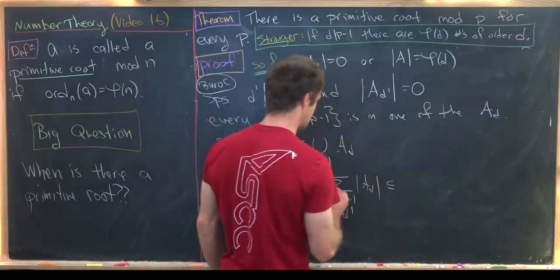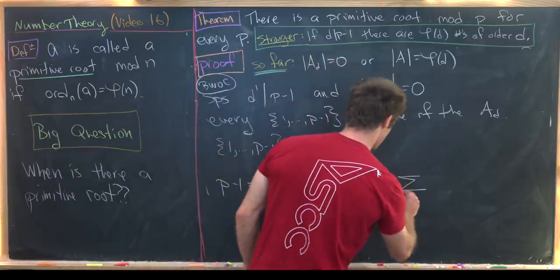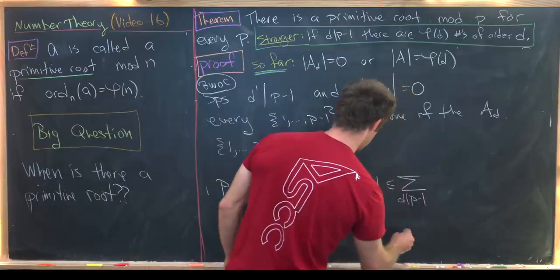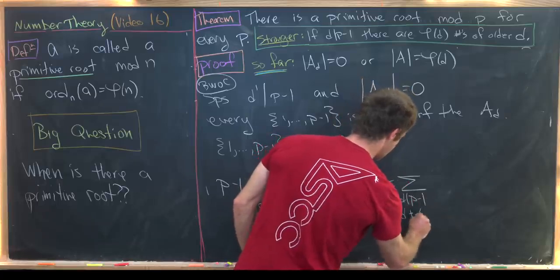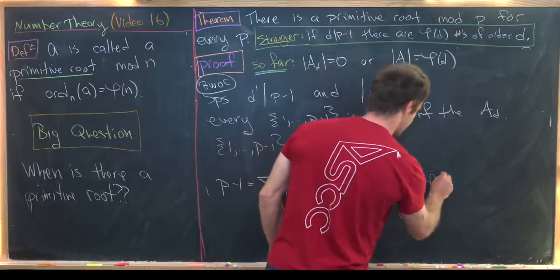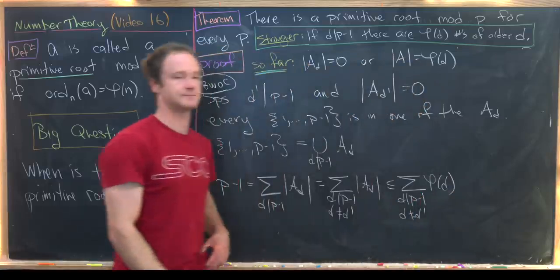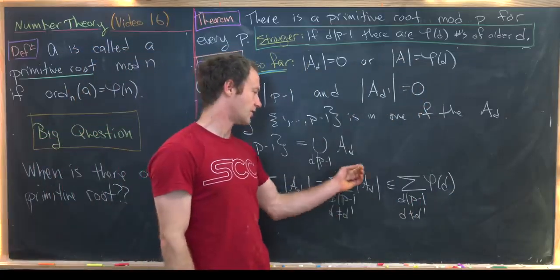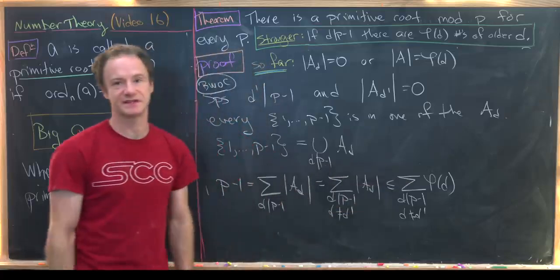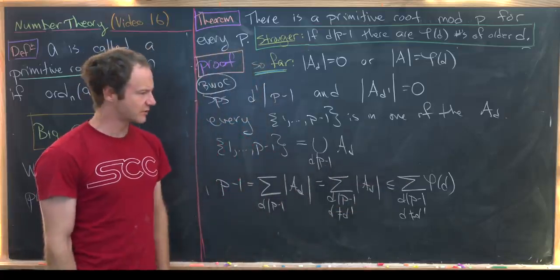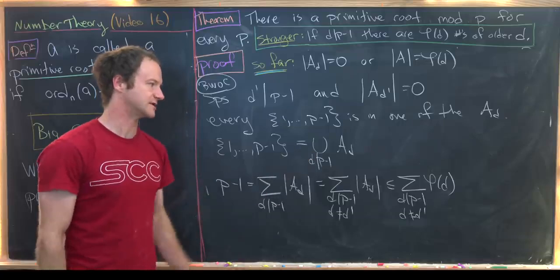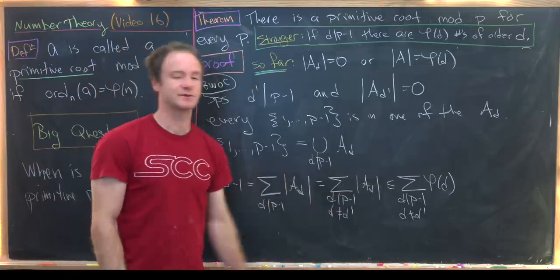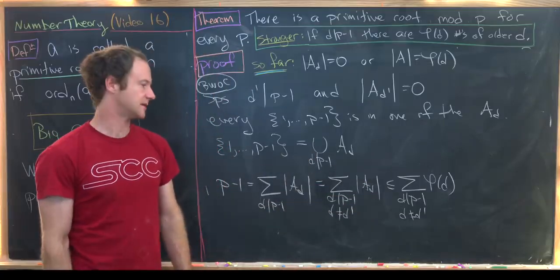But now that's going to be less than or equal to the sum over all divisors of p minus 1 that are not equal to d prime of phi of d. Okay, well, that's because all the rest of these are potentially of size phi of d. Some of them could be 0, but they're all 0 or phi of d. That means that's why we've got that inequality.